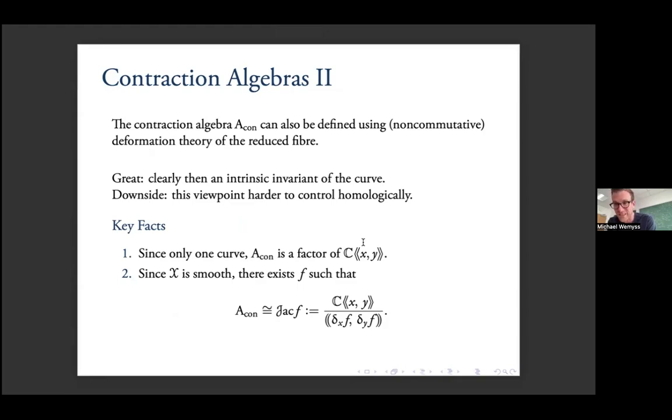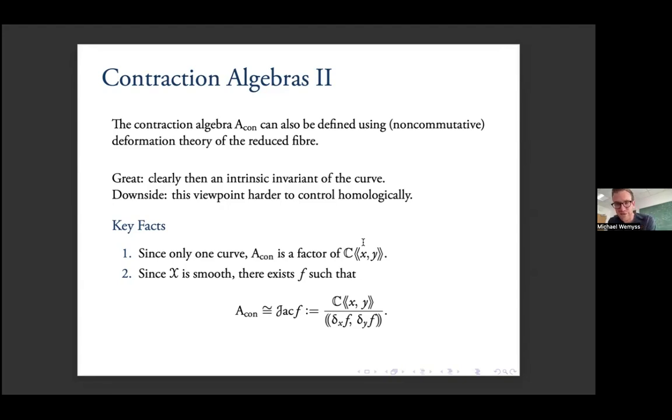There's a second way, which I'm not going to explain today, that you can define this contraction algebra using deformation theory. The absolutely wonderful thing about this is it's clearly an intrinsic invariant of the curve. We haven't chosen tilting bundles. It's completely intrinsic, and therefore you should expect it to be controlling other numerical invariants of curves.